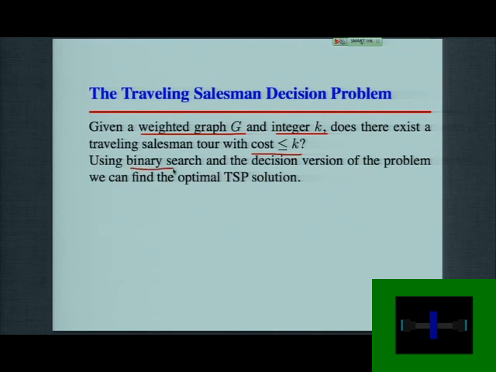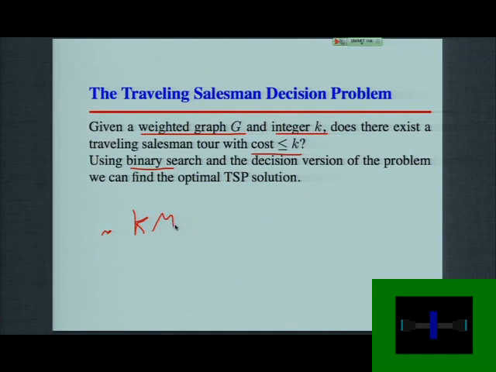Suppose I give you a graph where the heaviest weight on it was of weight k. Can you give me an upper bound on the size of the optimal traveling salesman tour, if every edge had weight less than or equal to k? k times the number of edges would be an upper bound, right?